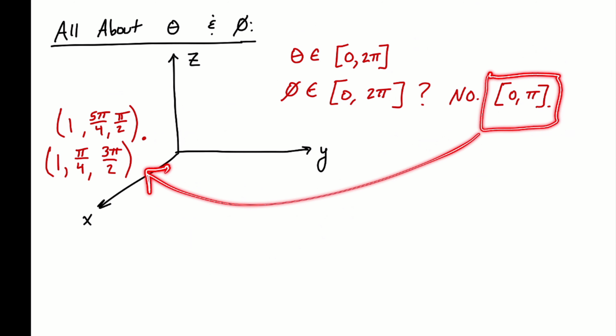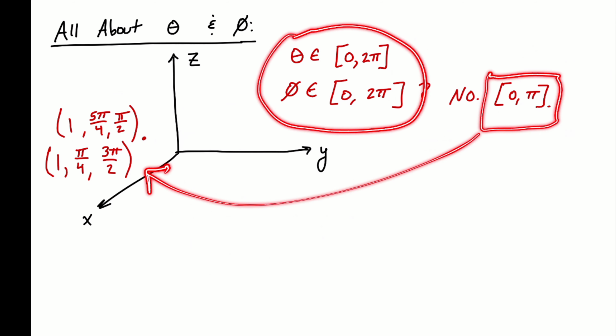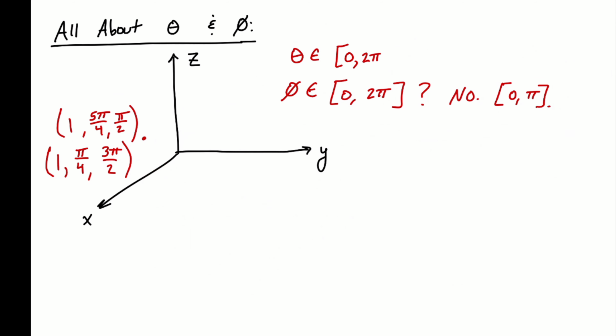If we keep things restricted to this, and if we want to be super technical, something like that, then every single point in three-dimensional space has a unique representation. It's all about being unique. We don't want multiple distinct addresses referencing the same point.